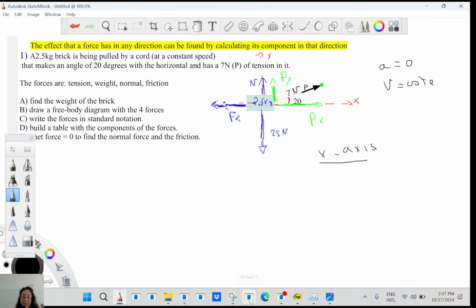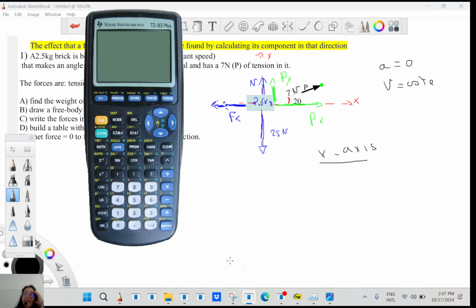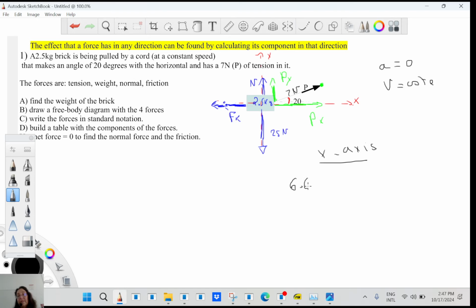So it's gonna be 7, and it's a cosine, right? So if it's in the first quadrant and you are given this angle with the positive x-axis, then it's always cosine. 6, is that right? 6.6, so 6.6.